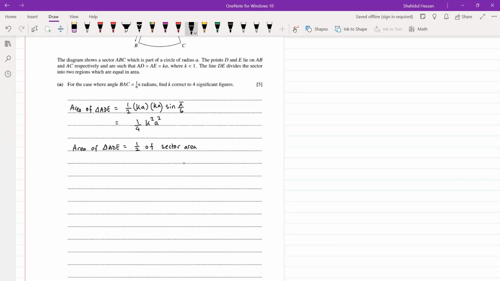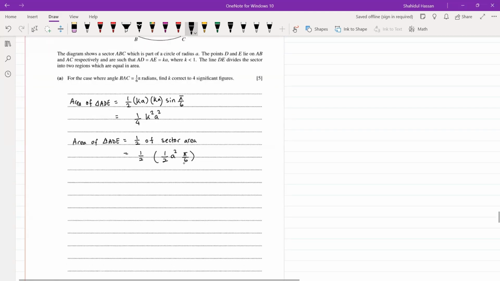Now we know that the sector area has a formula which is half r squared theta. In this case, the radius is a, so half a squared theta, and theta should be pi by 6. So this is 1 by 4 a squared pi by 6.